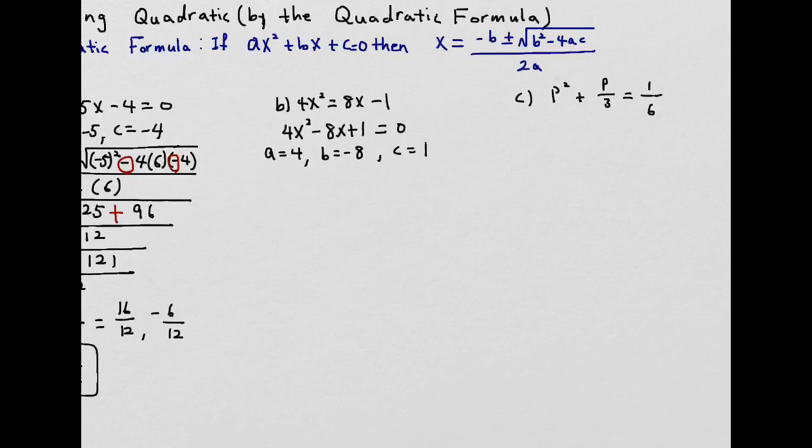Put it into your formula, you get negative negative 8 plus minus square root of B squared minus 4AC over 2A.